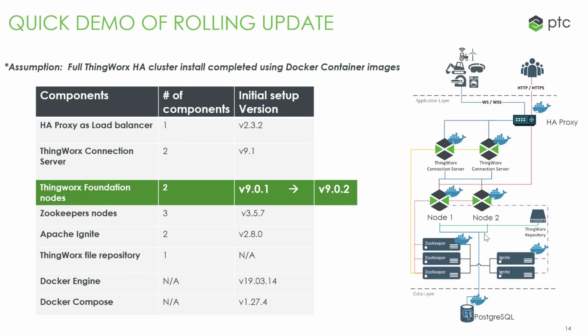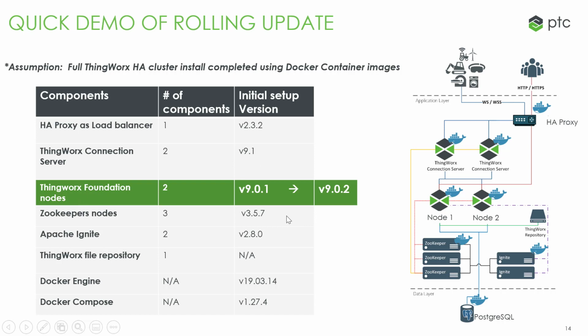Before starting the demo, the assumption that I'm making is you know how to set up an HA cluster using Docker container images running in a Docker Compose environment for your test build system. We'll be using HAProxy as the load balancer with version 2.3.2. We will be using two ThingWorx connection servers containerized as Docker container images of version 9.1.